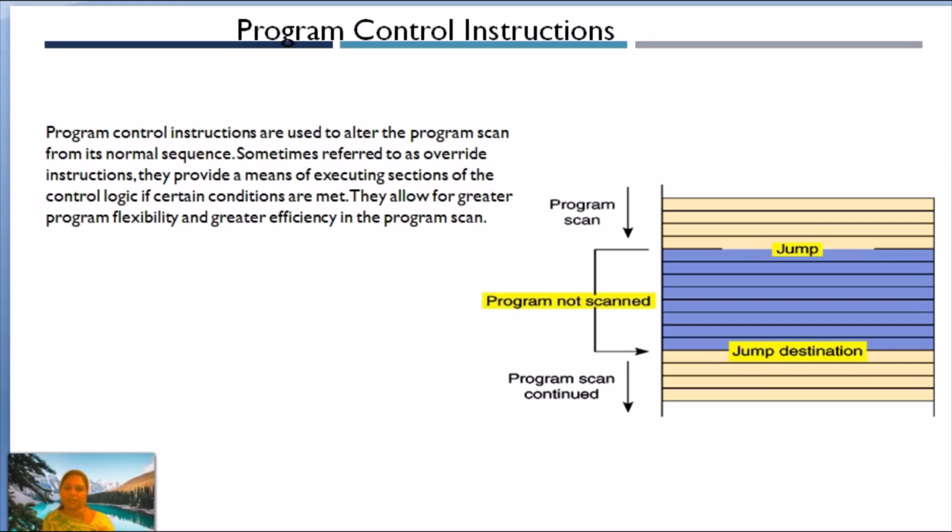If it is executed line by line, when it sees the jump instruction, it immediately jumps to the particular destination. So the jump instruction has the power of skipping instructions and jumping directly to the destination. Such instructions are called program control instructions, which can control the sequence of the program.